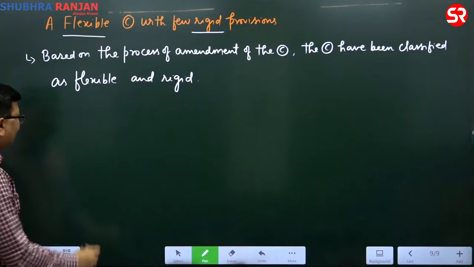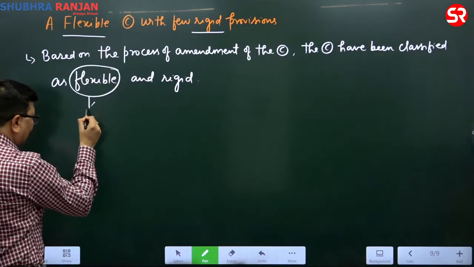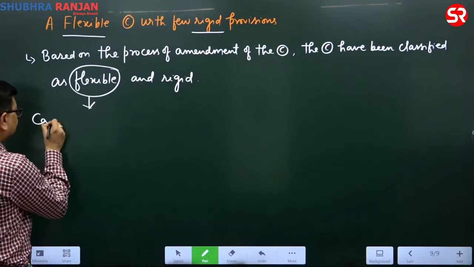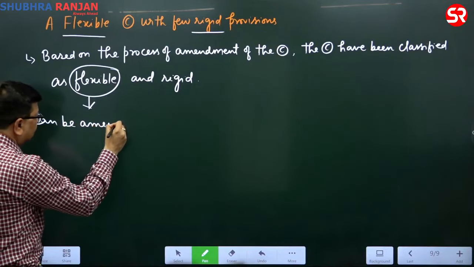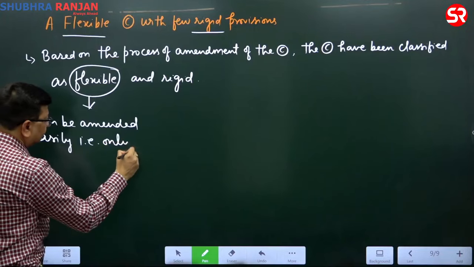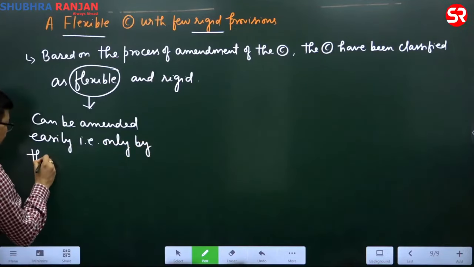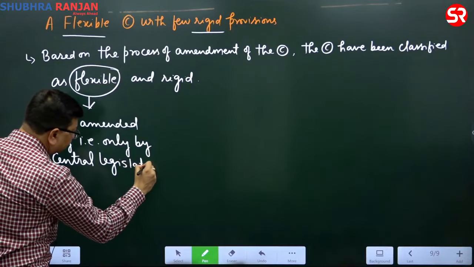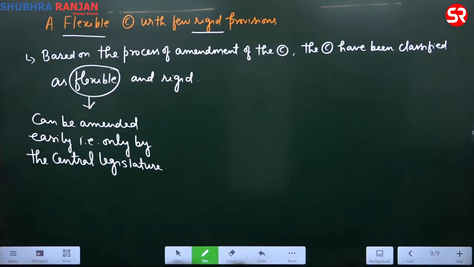Now, one by one, I'll tell you. When we say flexible constitution, a flexible constitution is that constitution which can be amended easily, that is, only by the central legislature.